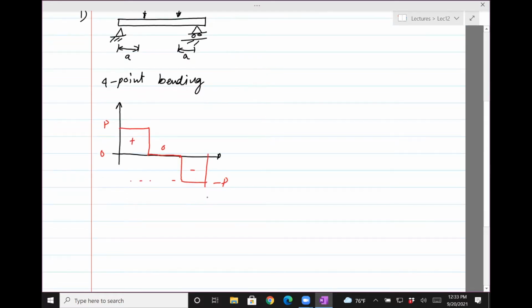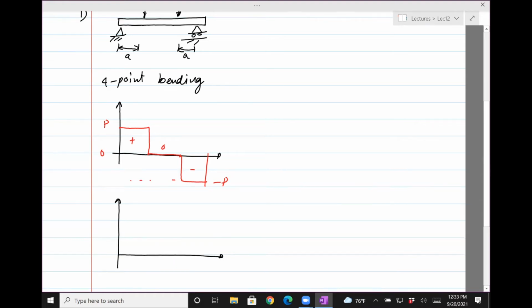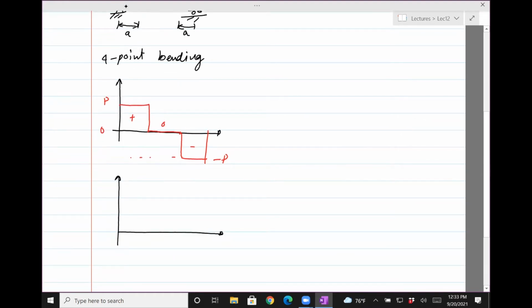If you look at the bending moment diagram, it'll be zero on the edges. It'll reach a maximum at the point where the P is applied. It'll stay constant and then go down back to zero.